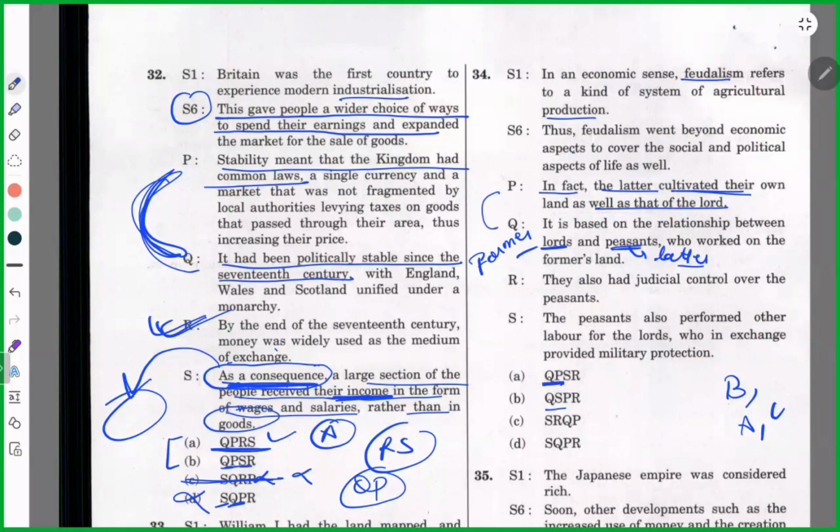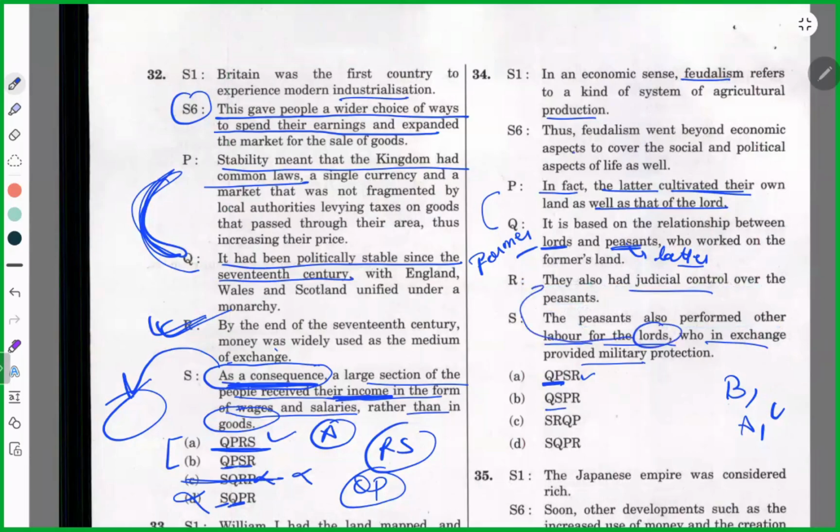Again, a continuation, talking about the peasants only. "Peasants also perform other labor for the lords, who in exchange provide military protection." Okay, S is the connection here. R: "They" means peasants. S: "They also had judicial control over..." Sorry, no. Judicial control for lords.